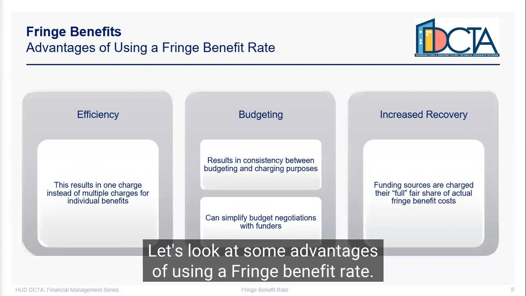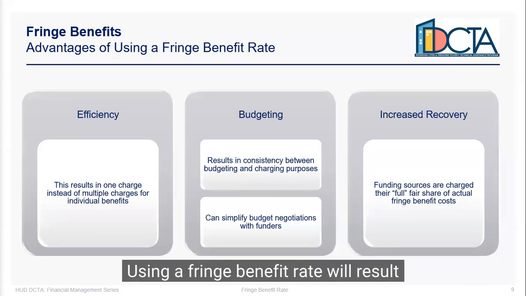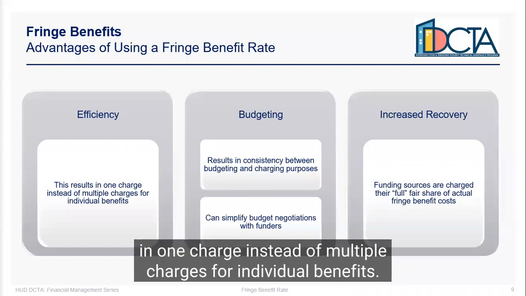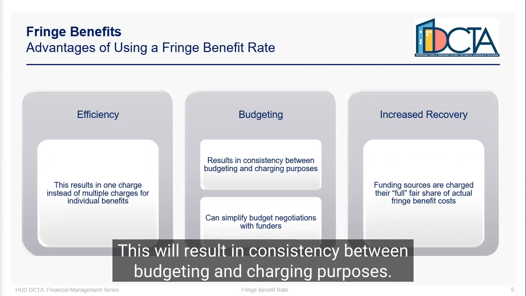Let's look at some advantages of using a fringe benefit rate. One of the advantages is that it allows for efficiency. Using a fringe benefit rate will result in one charge instead of multiple charges for individual benefits. Another advantage is with budgeting. This will result in consistency between budgeting and charging purposes.